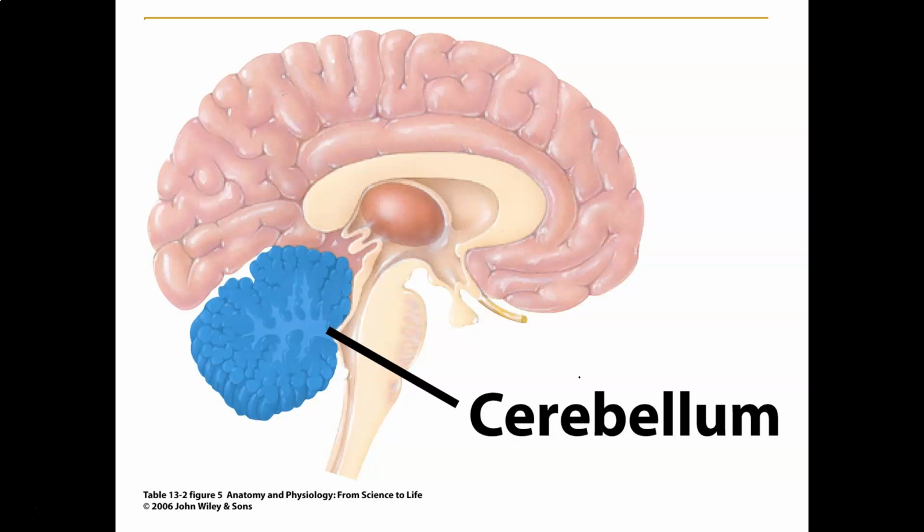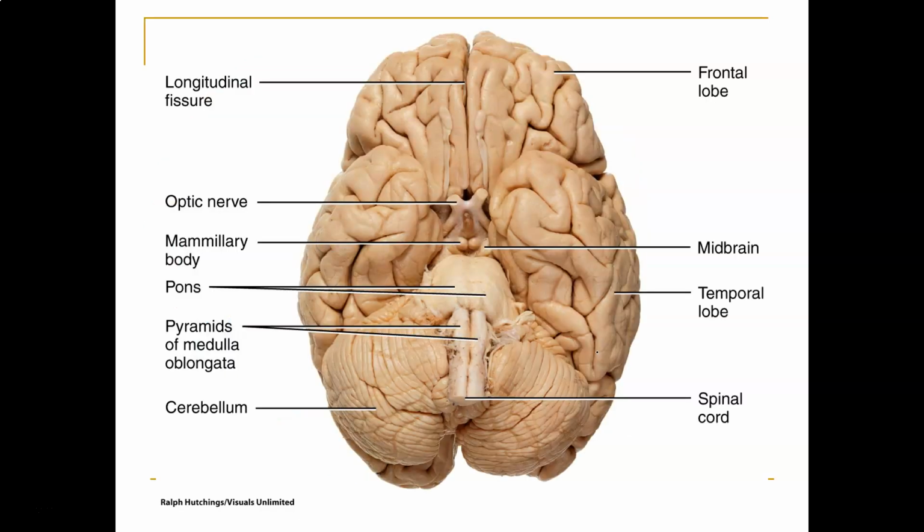And so the cerebellum, along with the basal nuclei in your cerebrum, plays a big role in that. So damage to your cerebellum will cause loss of motor control. You might lose your balance or be wobbly, things like that.